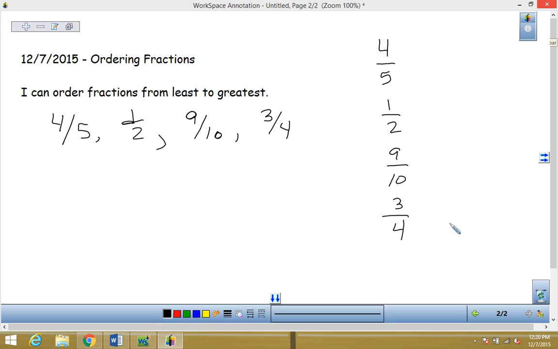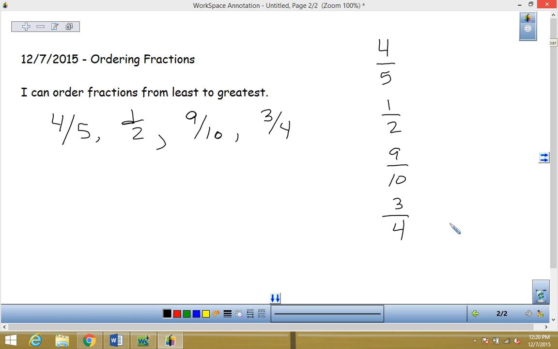Kira? 20. 20. Okay? So if we look at, we know that 10, the only things that we can use are like 10, 20, 30, 40. 20 and 40 are the first two that 4 can go into, but 10 is the smallest. Or I'm sorry, 20 is the smallest. Okay?